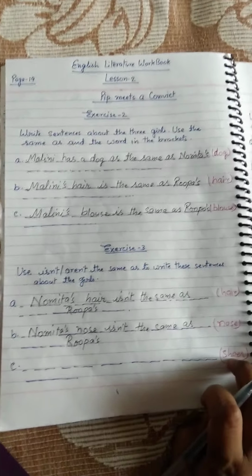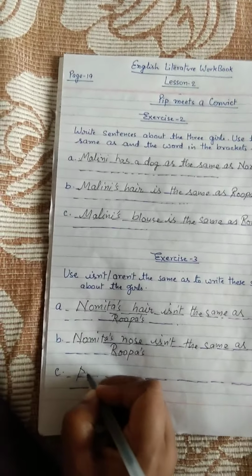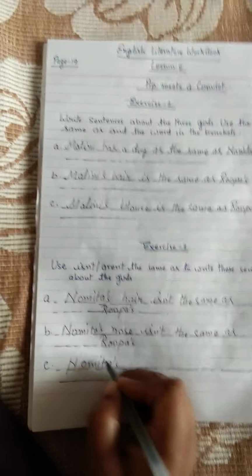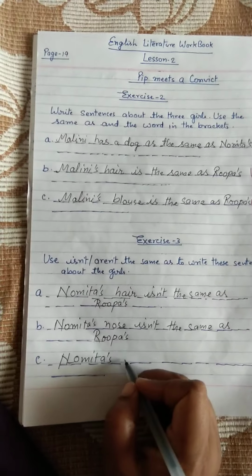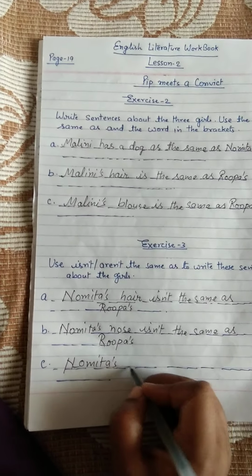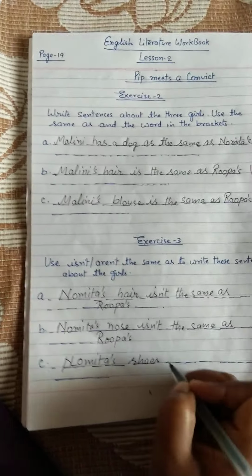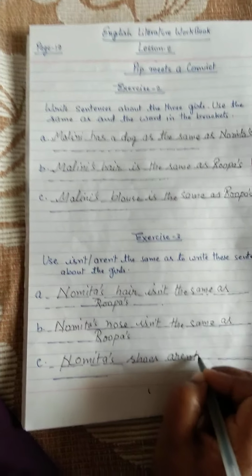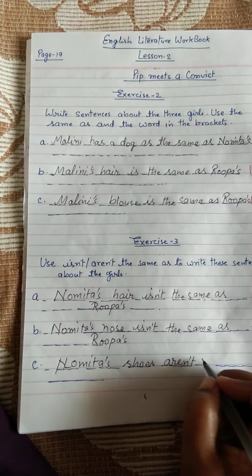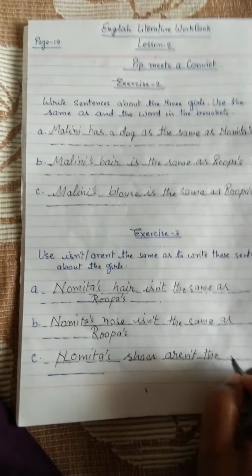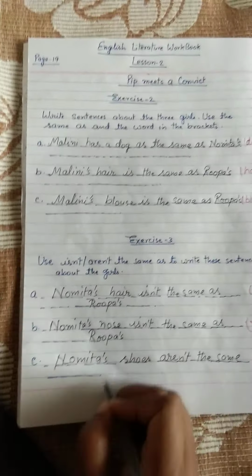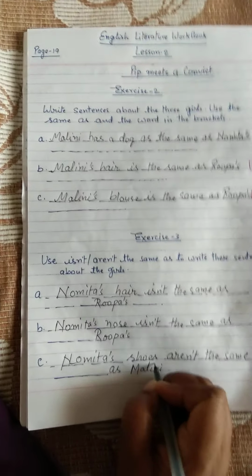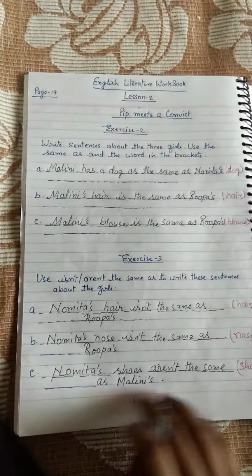So, Namita's shoes aren't or are not the same as Malini's. Okay, so you can complete it like this.